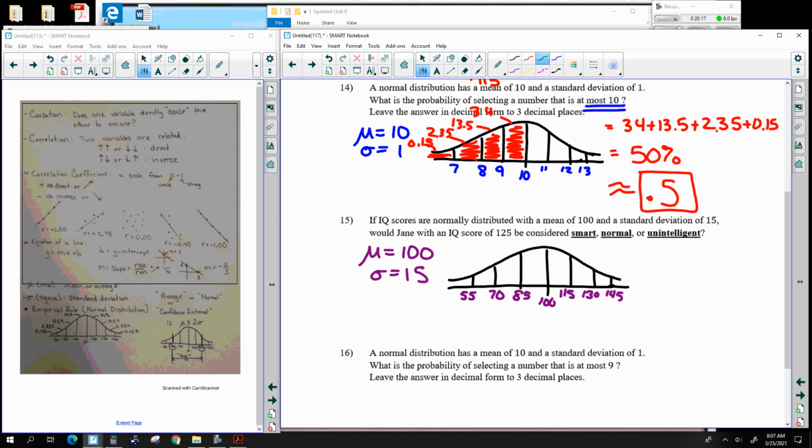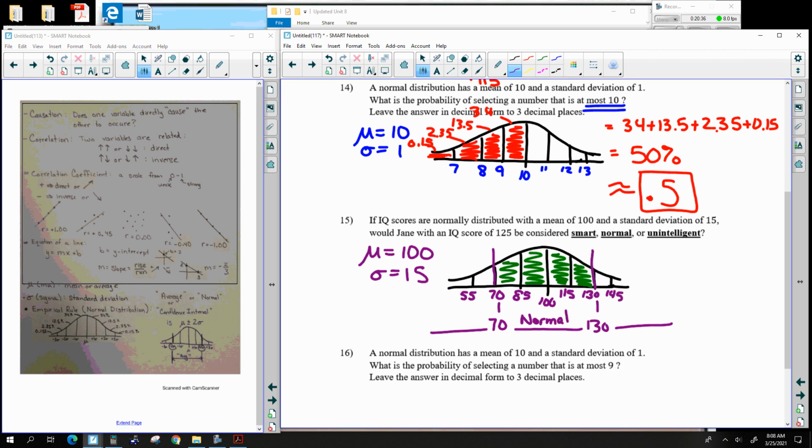Okay, so 2 standard deviations up, 2 standard deviations down, puts our edges at 70 and 130. That is what quote unquote normal is.